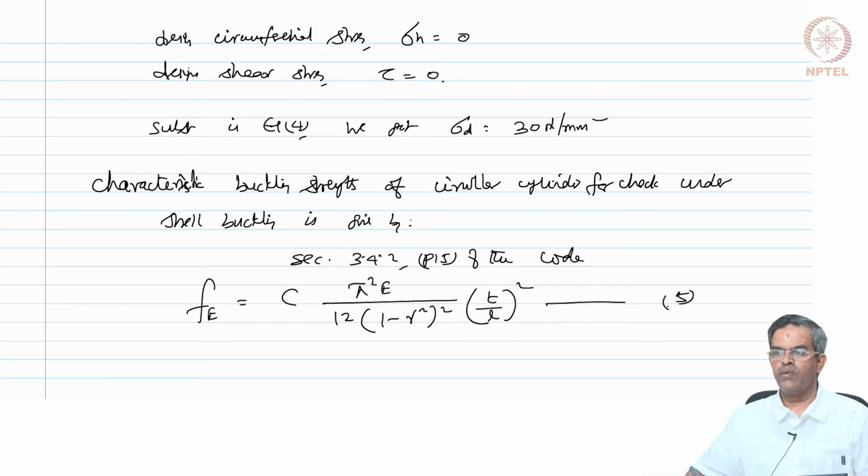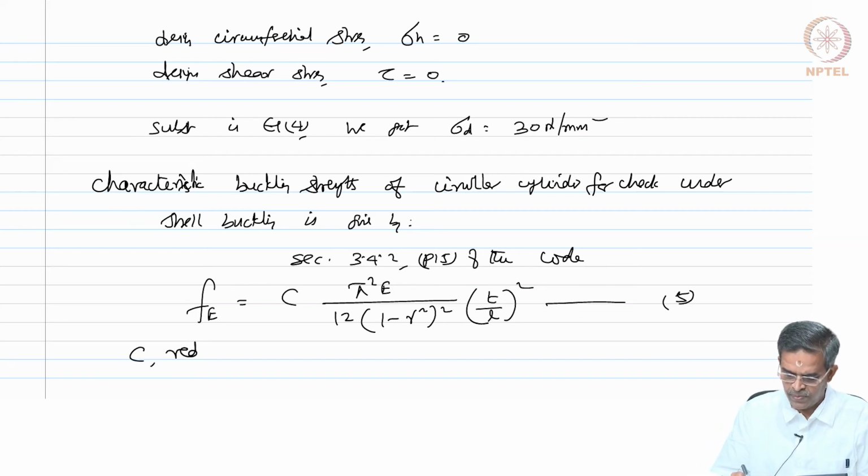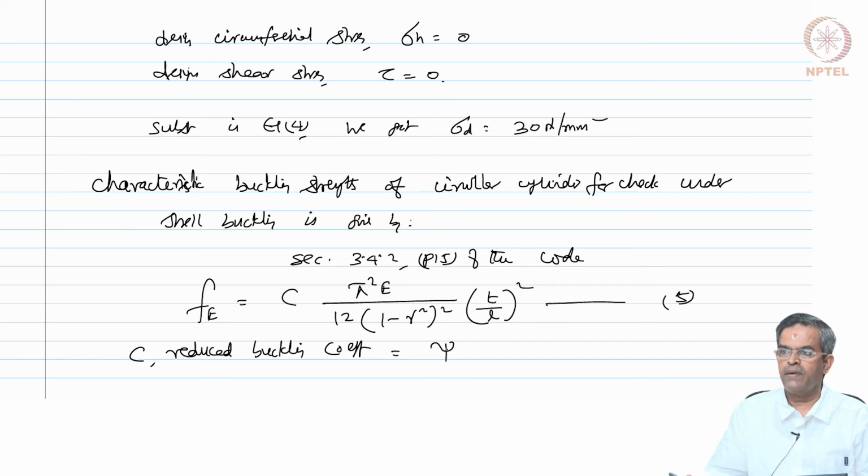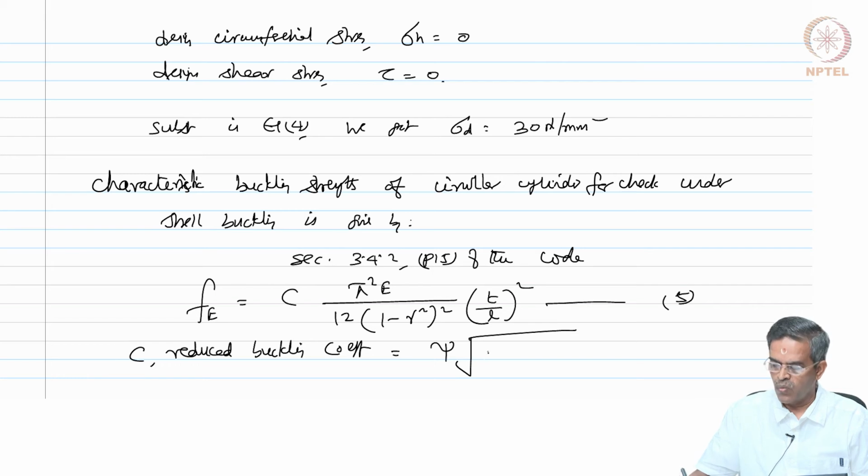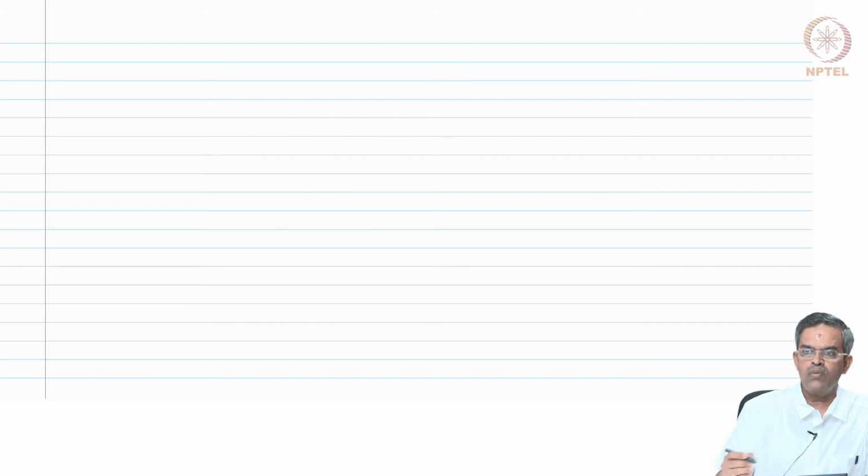Whereas, in the above equation, C is called reduced buckling coefficient. Is given by psi times of root of 1 plus rho epsilon by psi, the whole square. Okay. So, equation number 6. Now, what we do?